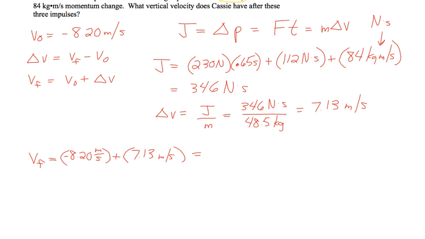If I add those together, it's going to be a negative number, negative 1.07 meters per second. So even after bouncing on the trampoline, the person's still going to have a downward velocity after these three impulses.